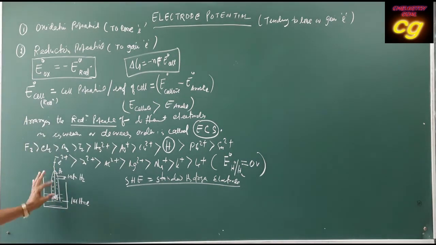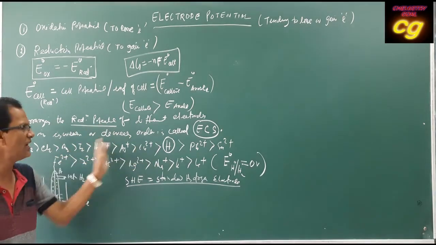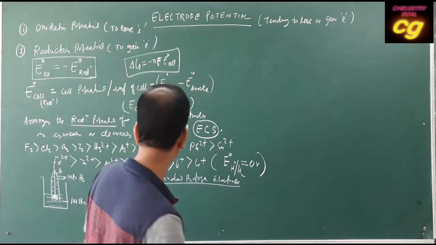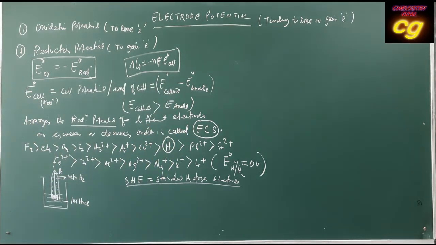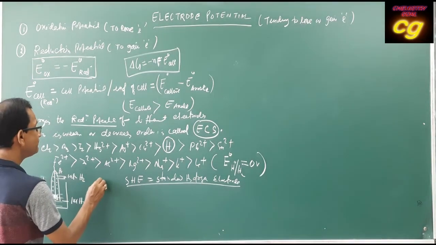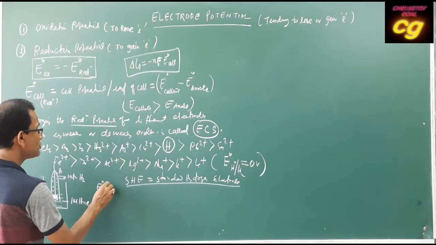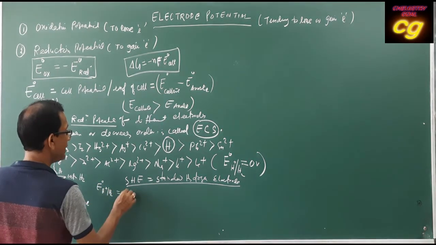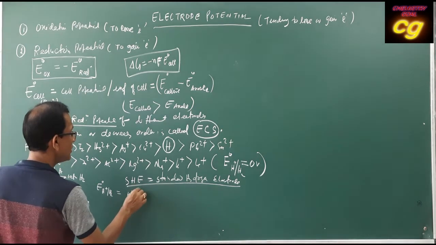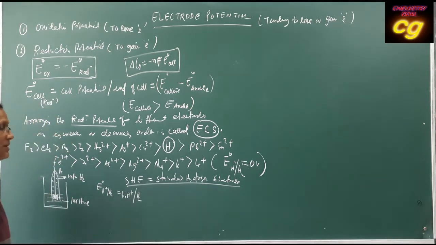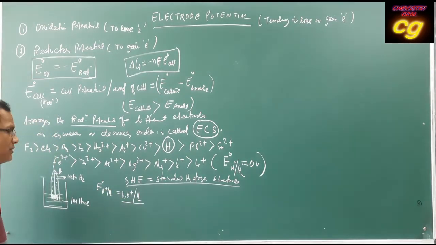When it is connected to any other electrode, it forms a complete cell, a galvanic cell. So this representation is very important. It is expressed as E naught, H plus changes to H2, with platinum, and this indicates reduction.